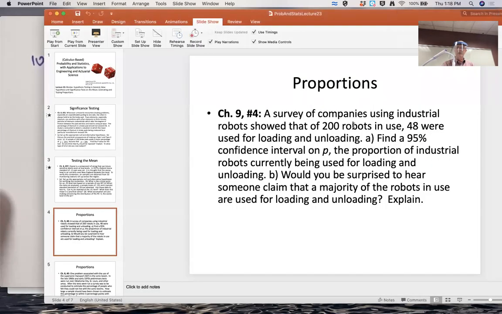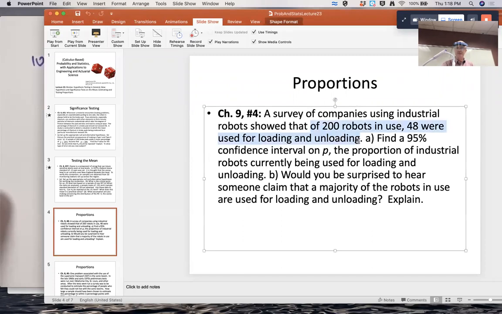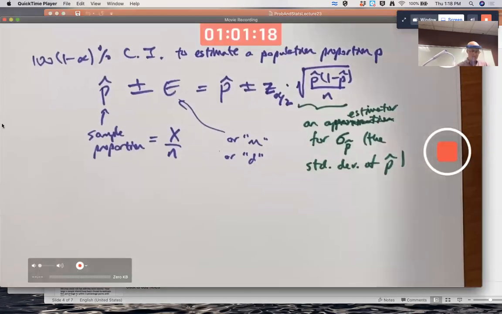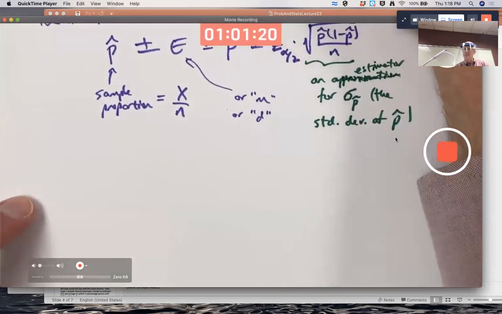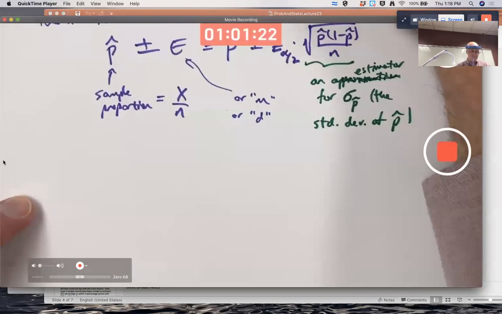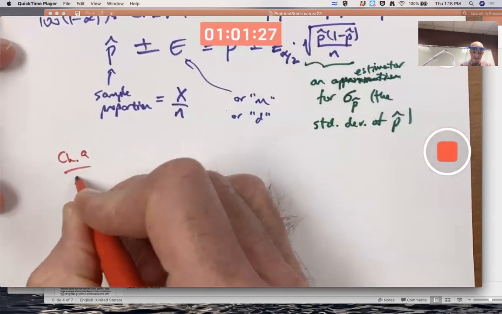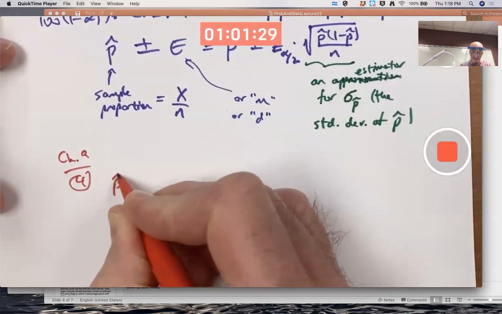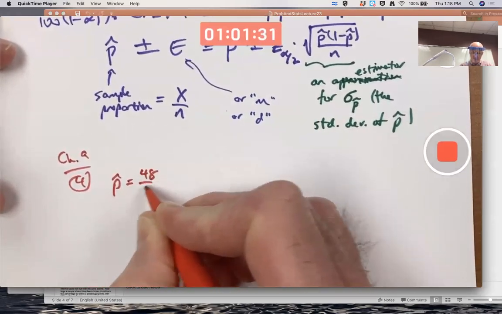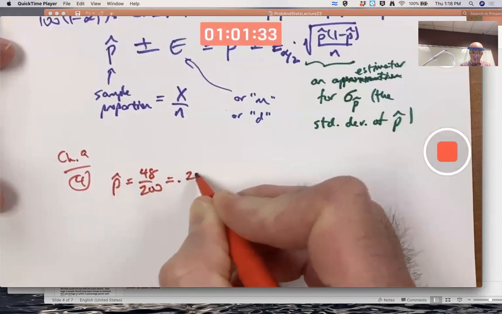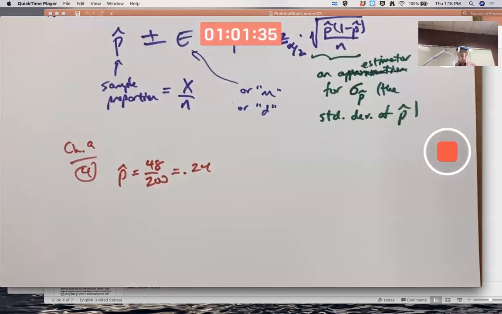But now we want to use it based on this particular observed sample, where there were 48 successes out of a sample of size 200. So for this problem, which is chapter 9, number 4, the observed value of P hat is 48 out of 200, 0.24 or 24%.